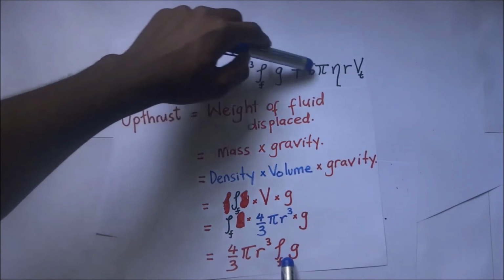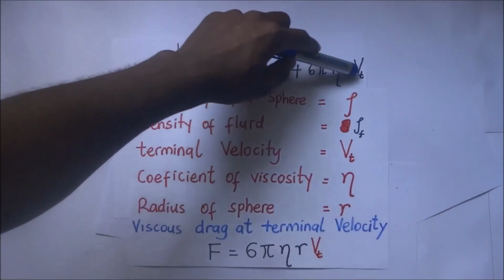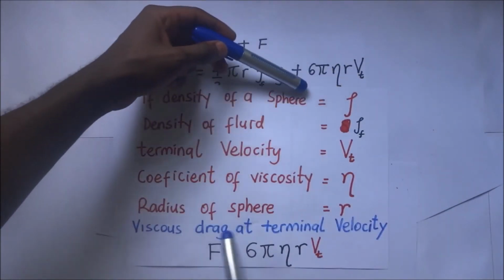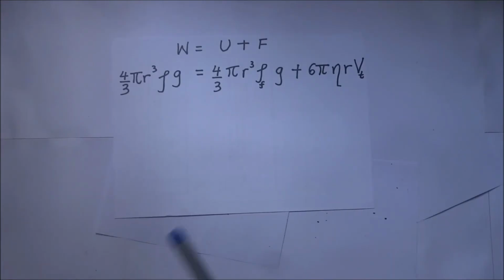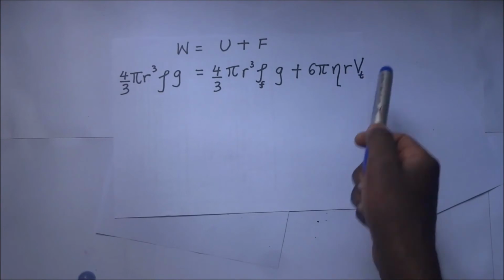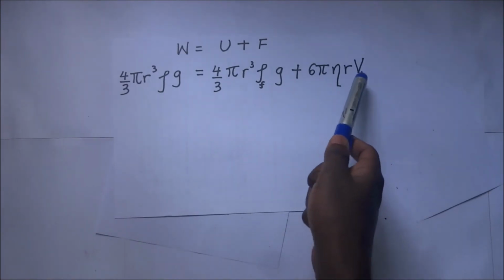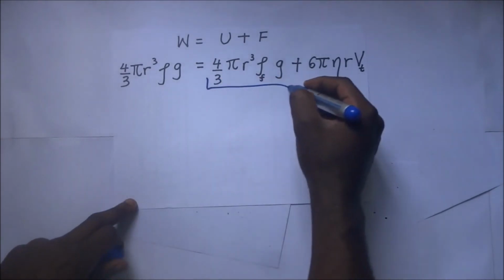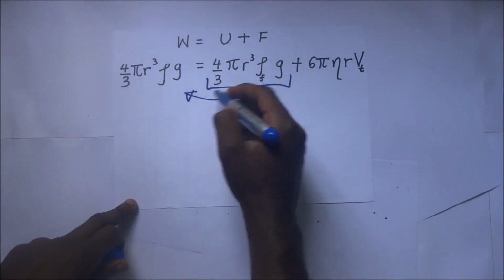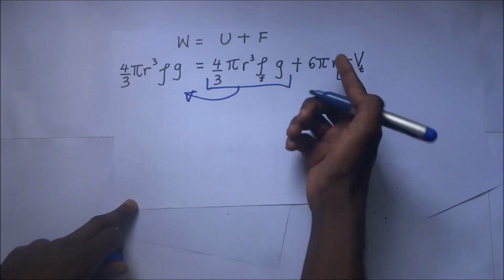Then we have the viscous drag, which we obtained from this expression right here, like we had explained earlier. So now we go ahead and find the expression for terminal velocity Vt. Making this the subject of the formula, of course this whole expression will come that way, and this remains this way alone. Let me start with this.